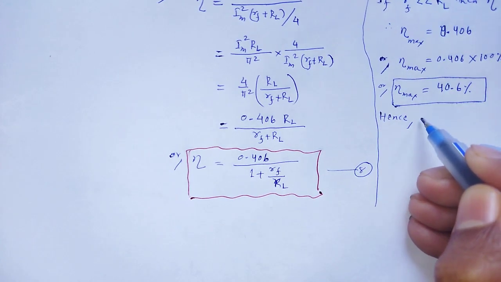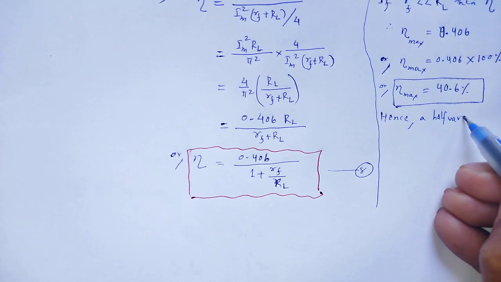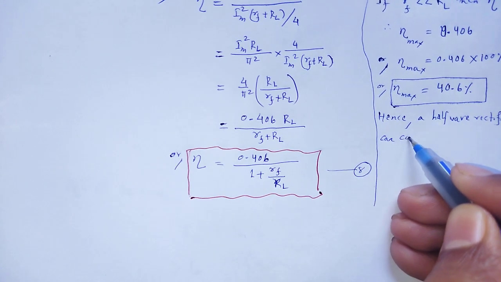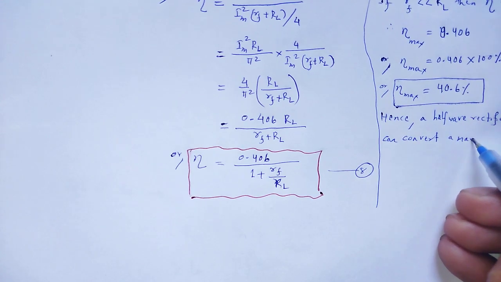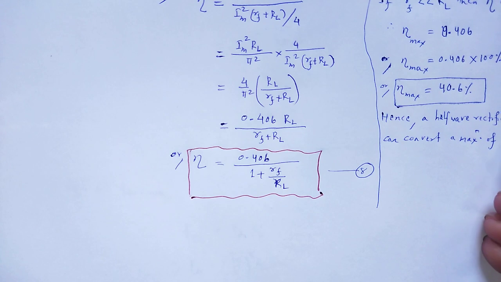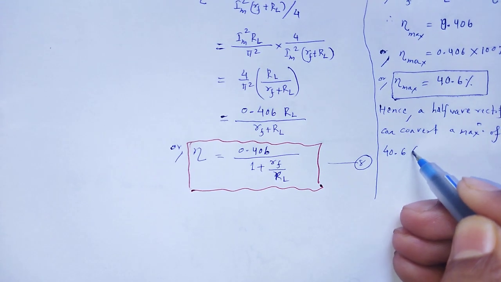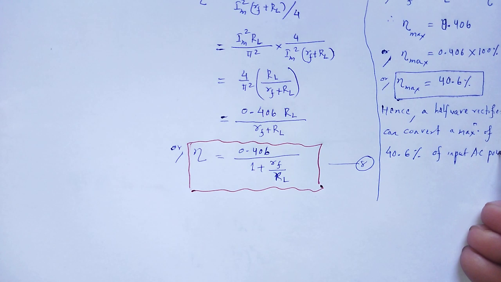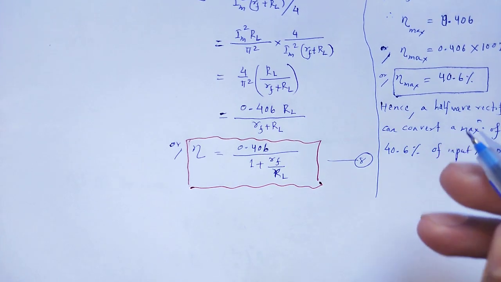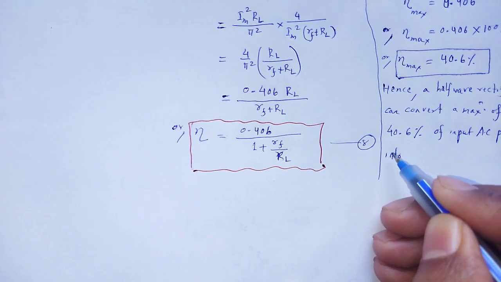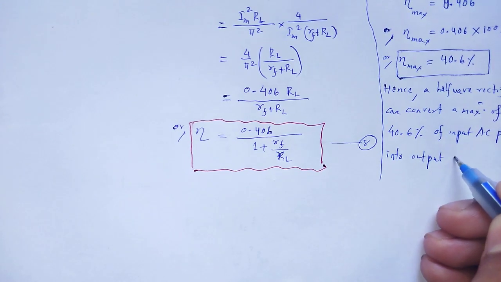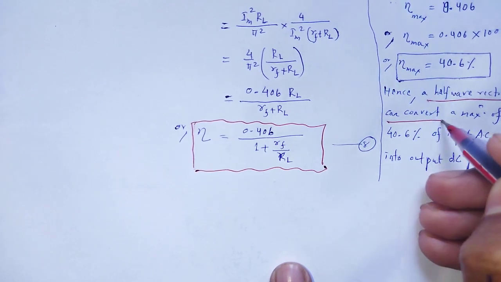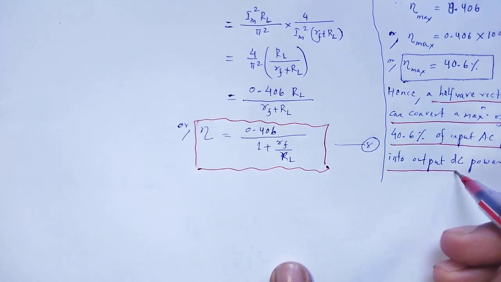Hence, a half wave rectifier can convert a maximum of 40.6% of input AC power into output DC power.